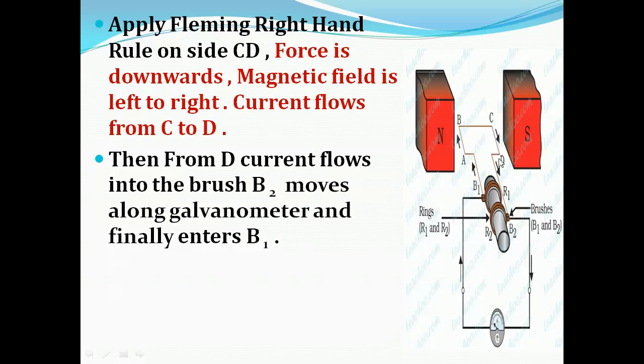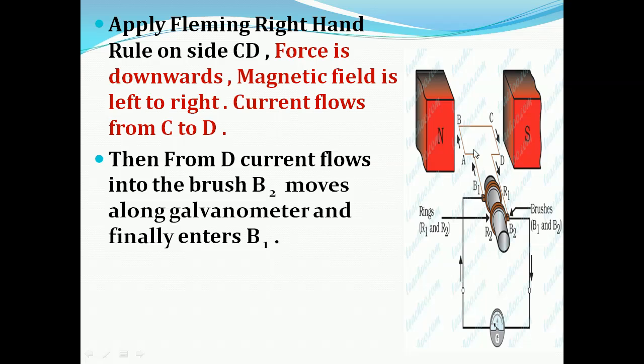The force is downward, the magnetic field is left to right, and the current flows from C to D. Then from D, current flows into the brush B2, moves along the galvanometer, and finally enters the brush B1.